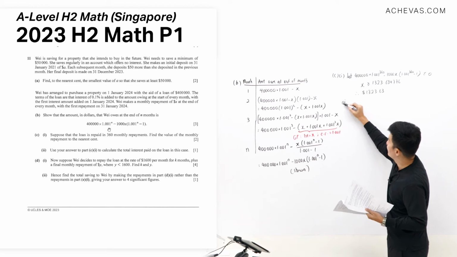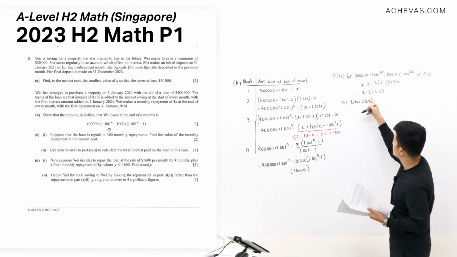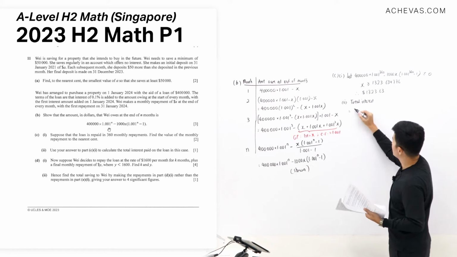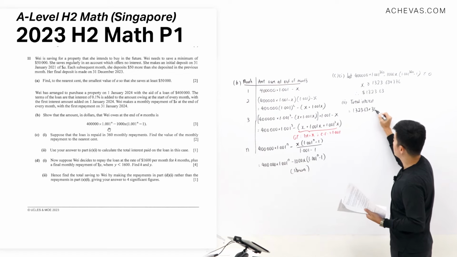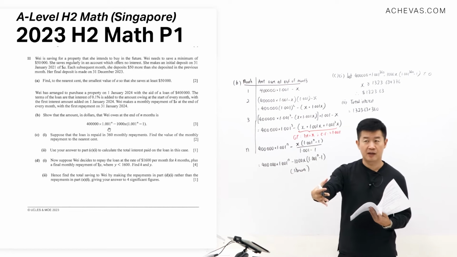So to calculate the total interest that is going to be paid, we'll be making use of this, and 360 payments have been made. So it will be 1323.63 times 360. But this will be the amount of money that Wei pays to the bank.